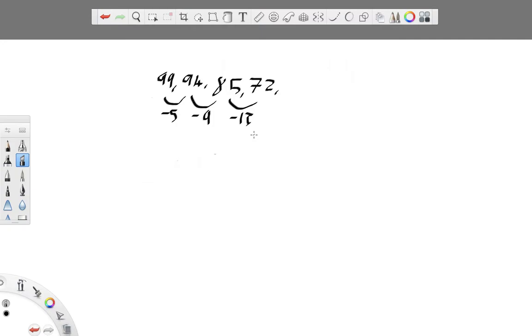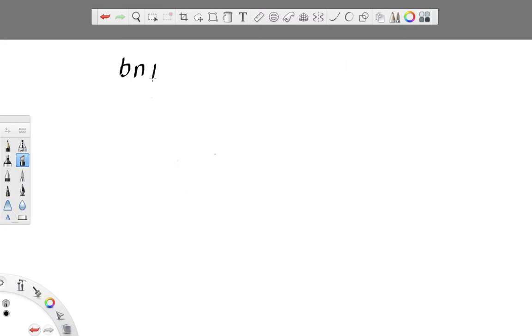In the next part of the video, we're going to look at the nth term for these quadratic sequences. At the start of the video, I told you that for the nth term, linear sequences are of the form bn plus c. That's the general form of a linear sequence.